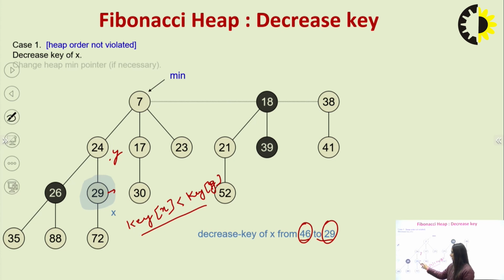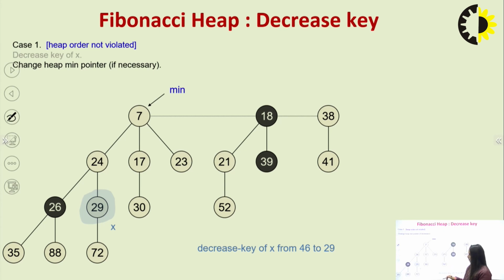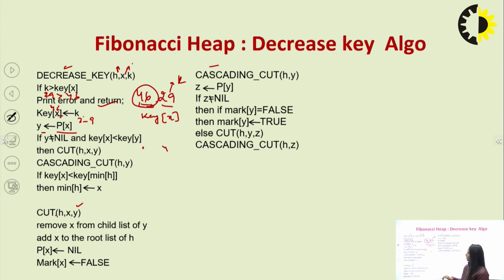Okay, 29 is greater than 24, so we don't need to do anything, just update it here. We cannot go further here because the condition is false.